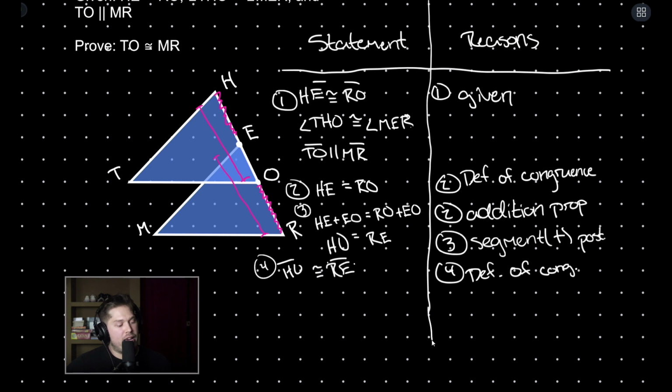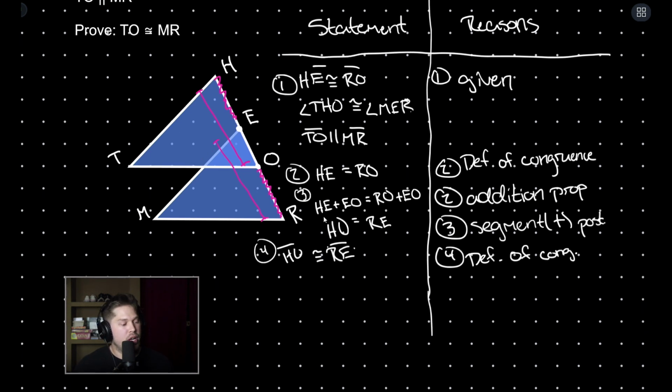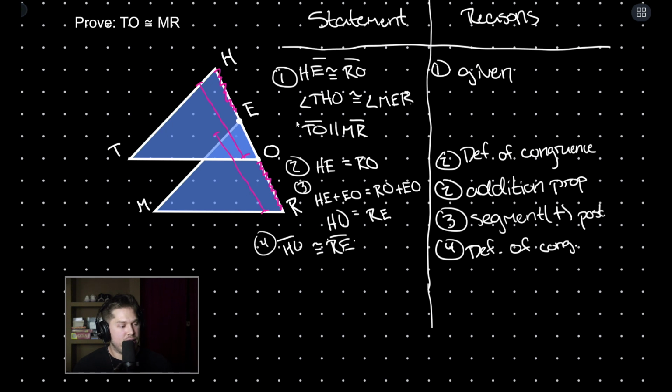Now that we have that, where can we go from here? Well, what else did our given tell us? Our given also told us that angle THO, so this top angle, is congruent to angle MER, this angle here. Really not much to go from that. But what else are we told?